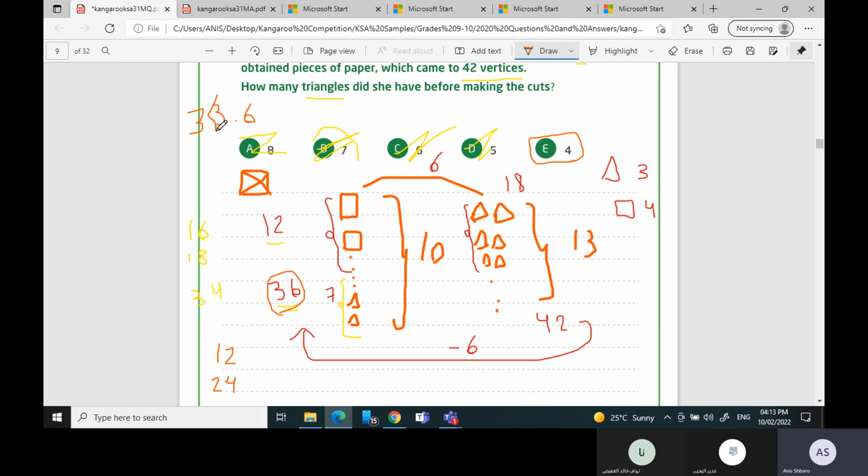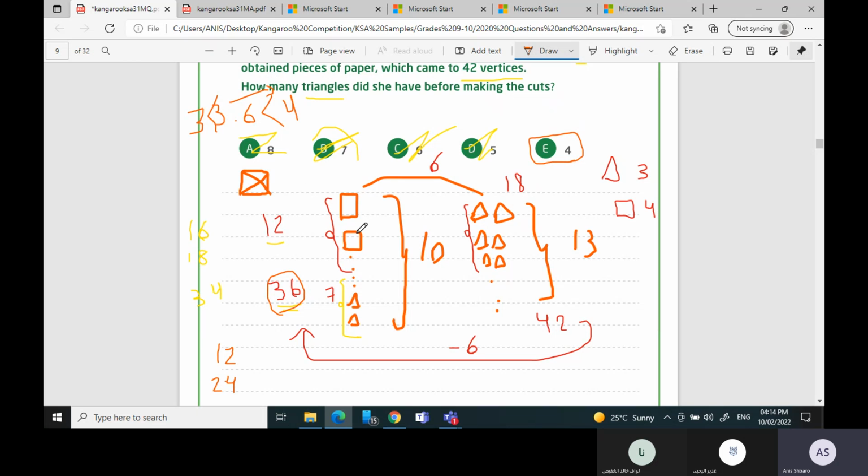It's greater than 3 and less than 4. Because the number of vertices is 4 for a square, 3 for a triangle, and the average of different amounts of squares and triangles will be between 3 and 4, of course. So 3.6, I can see that 0.6 is greater than 0.5, so it's near 4. I can round it easily to 4.